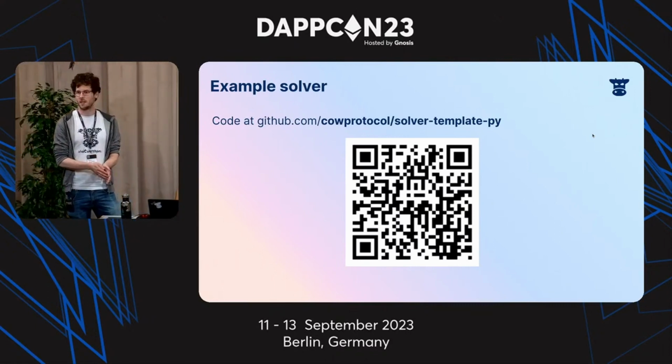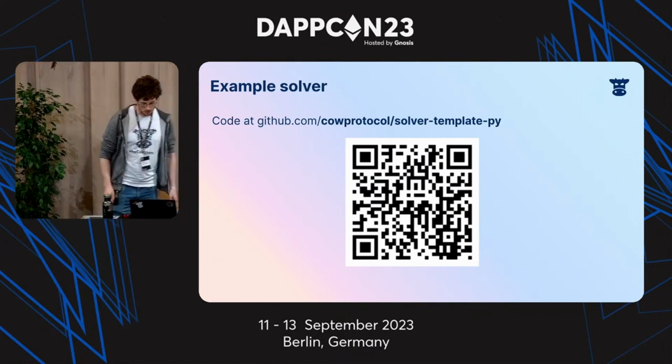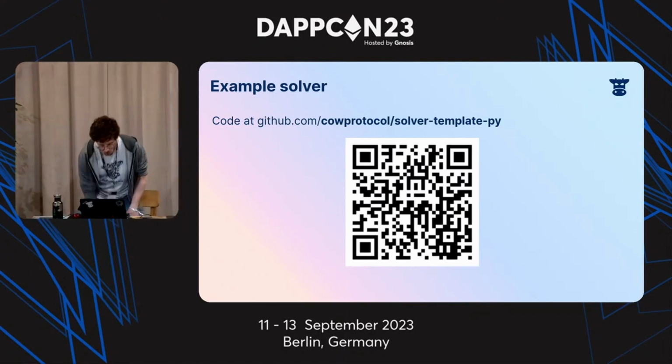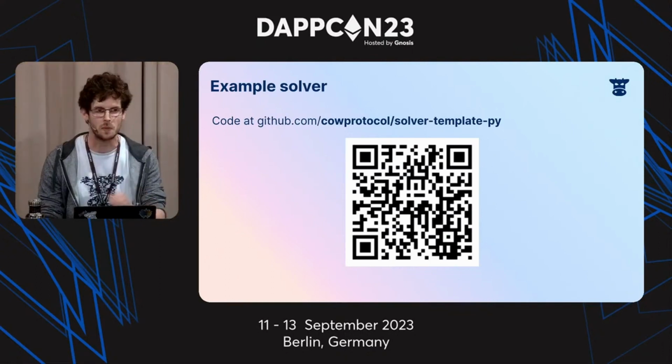It's a solver template implemented in Python, where we'll show you where you have to add some functionality to actually make it a solver. But most of the boilerplate is already there. And okay, so let me go to that GitHub repo and show you how to proceed with building a solver.